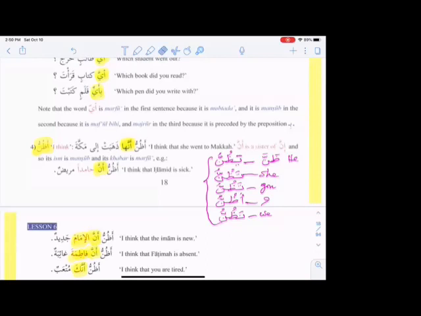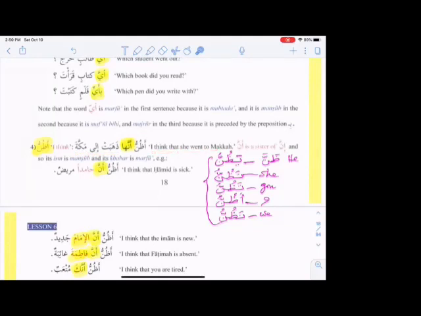Okay, so then in that case, my brothers and sisters, azunnu, and then this is the different part, which is the khabar, I will explain to you, inshallah. أظن أنها ذهبت إلى مكة. This sentence is coming in the book. I think that she went to Makkah.